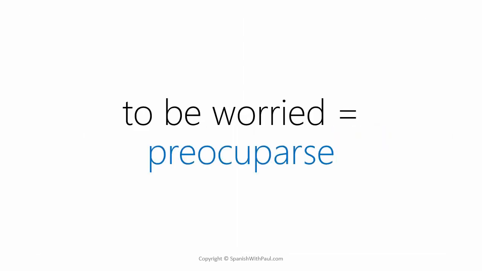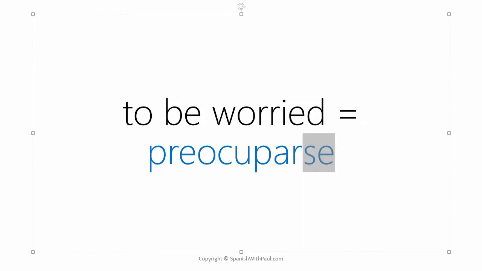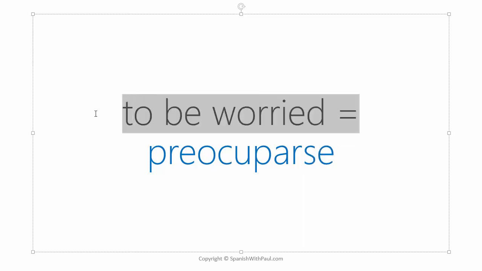Another one would be to be worried, preocuparse. Literally, it would be in English like I worry myself, or he worries himself, something like that. But this action to be worried, they make that a reflexive. They force you to express it reflexively in Spanish, where we do not express it as a reflexive in English.